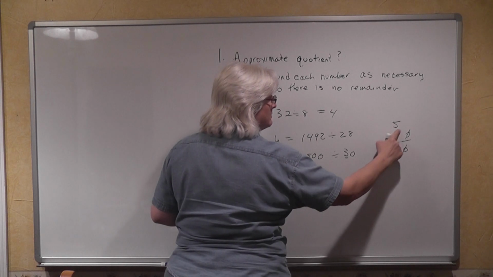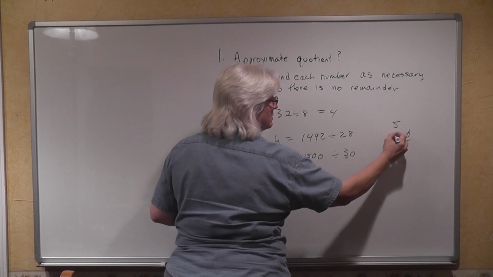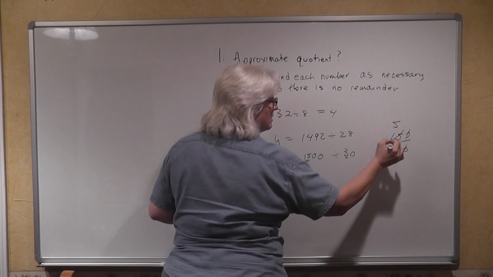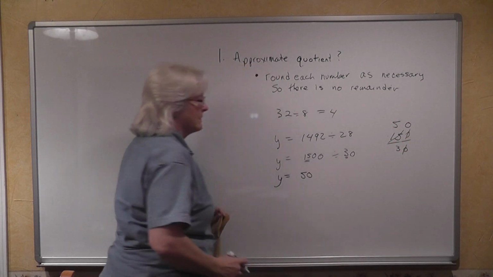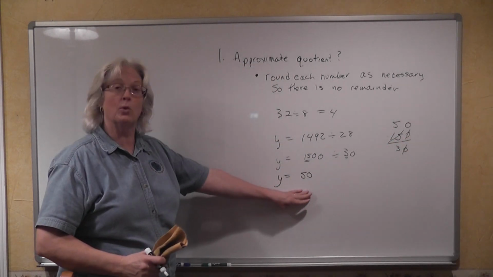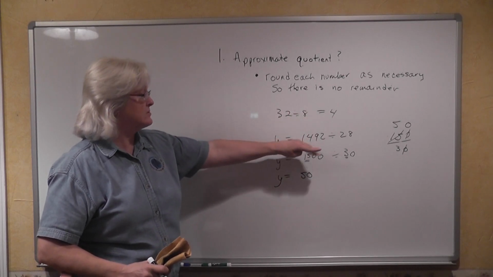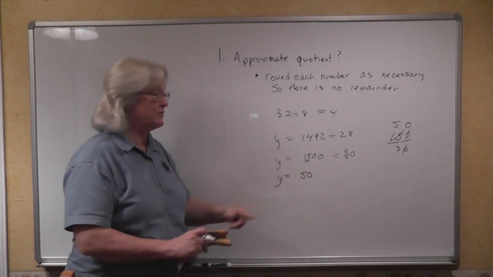But this is what we've done to come up with an estimated quotient, estimated answer to this division problem of 50.